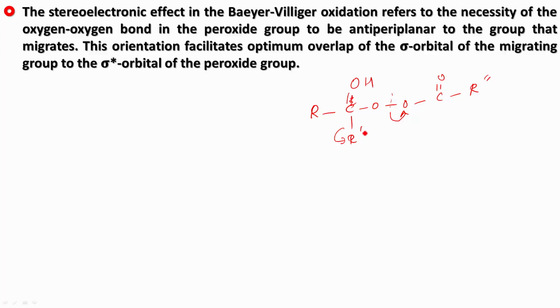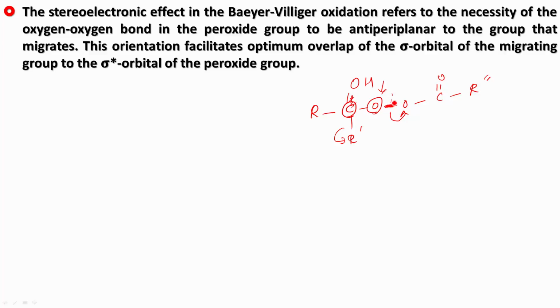And what happens is, if I draw the conformation between this oxygen and this carbon, then it is seen that that group migrates on this O, which is anti to this bond.